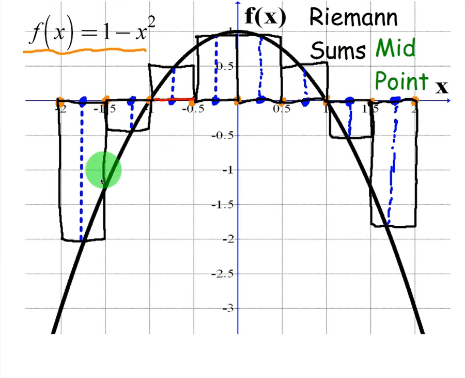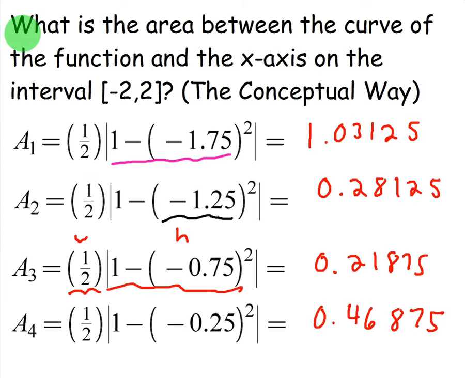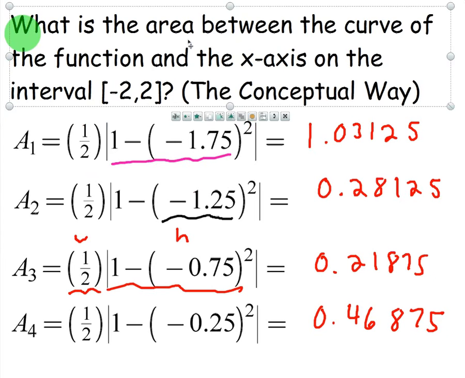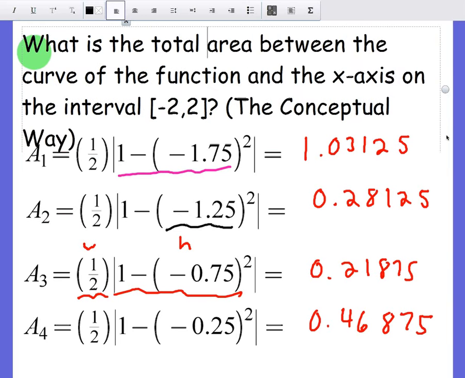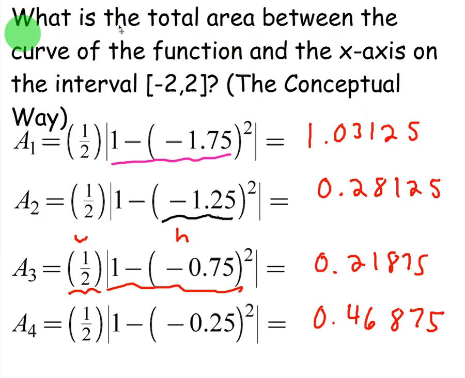So the question is, how do you analytically do it? What are the steps that ensure that you get a correct approximation each time? Now, I do want to point out that we are still talking about total area, and I'm going to underline that word.